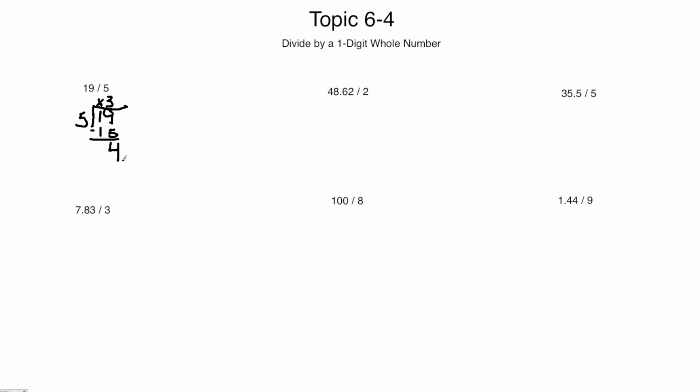Now, of course, this can be a remainder, but we don't want a remainder, we want a decimal. And as I've told you on the Common Core worksheet, you add a decimal and 3 zeros, whether you need them or not. Extend it out. This number is still called 19.